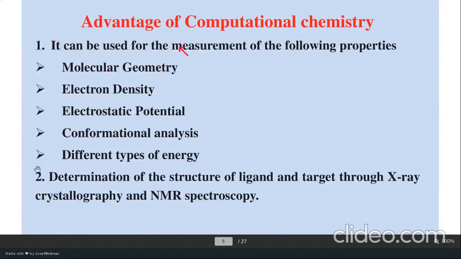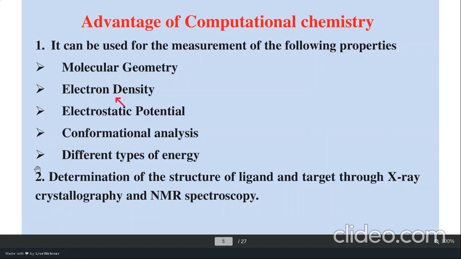Here, the advantages of computational chemistry. So we can measure the following properties by using computational chemistry: the molecular geometry. As I have said earlier, by using the software, we can calculate the molecular geometry of the title molecule or crystal.